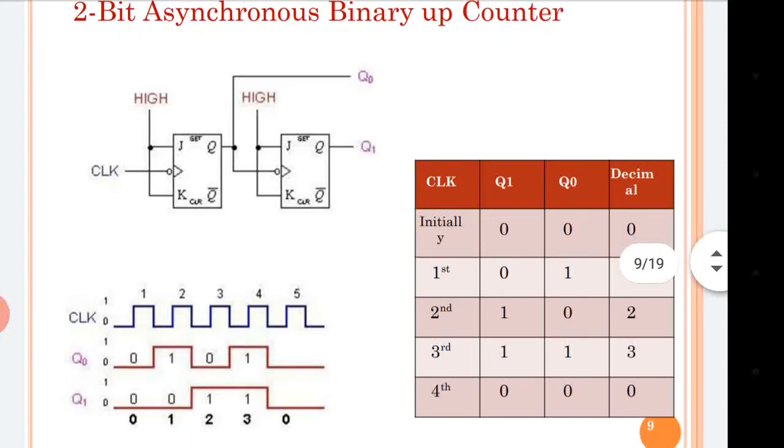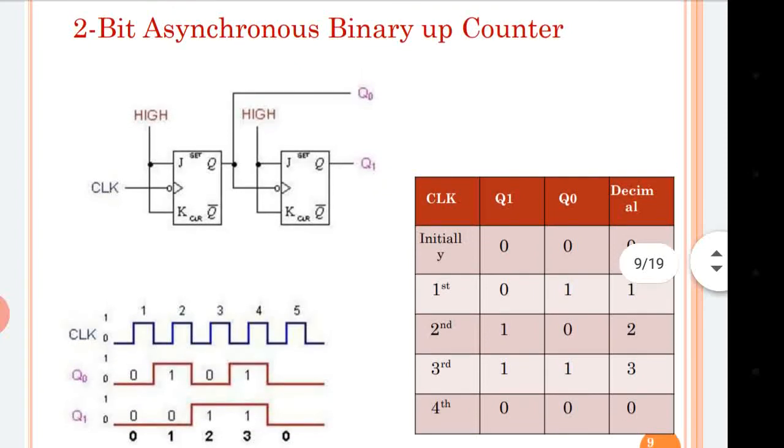Next is an asynchronous counter. So basically there are two broad types of counters, that is synchronous and asynchronous counter. The synchronous counters are the counters in which the clock pulses of all the flip-flops are shorted together or joined together.